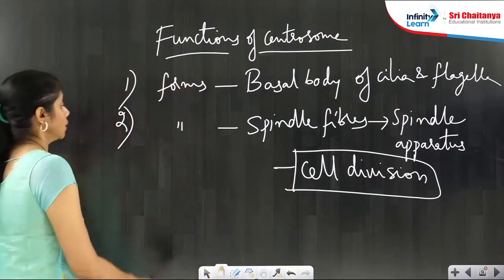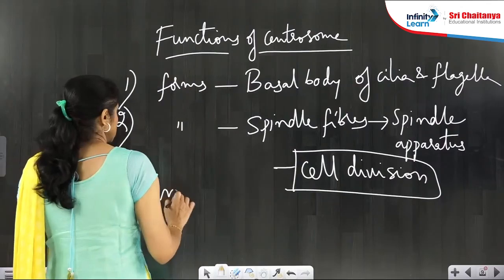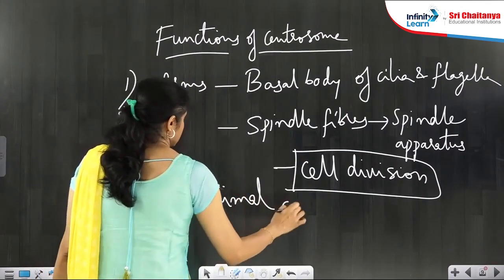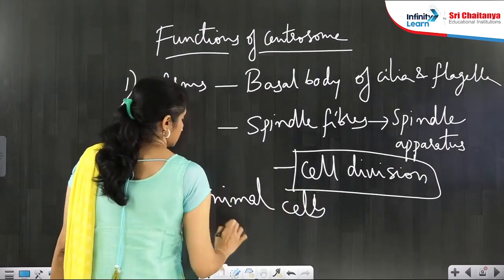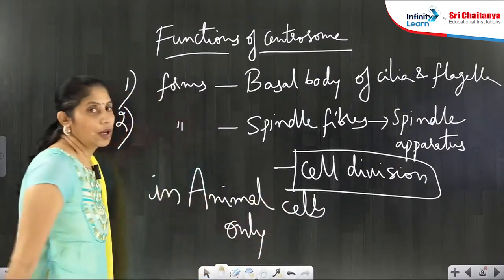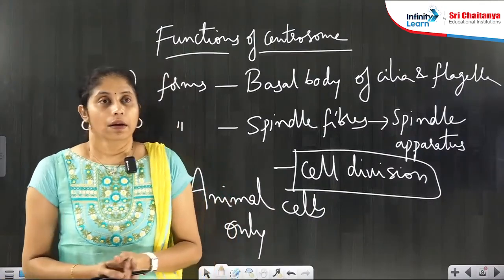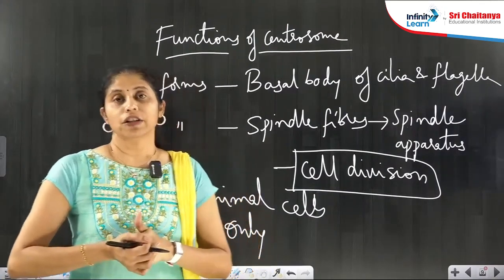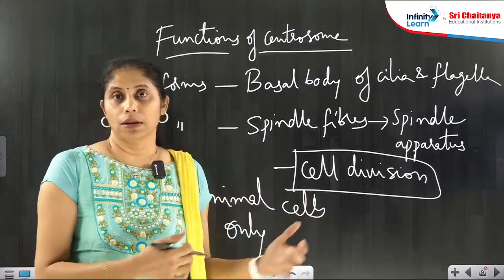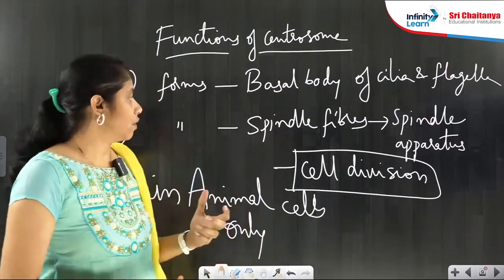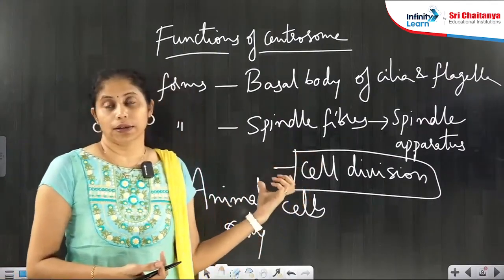It is present mainly in animal cells only. So name the cell organelle which is present in animal cells only in today's topic. That is the centrosome, and it is always present near the nucleus.